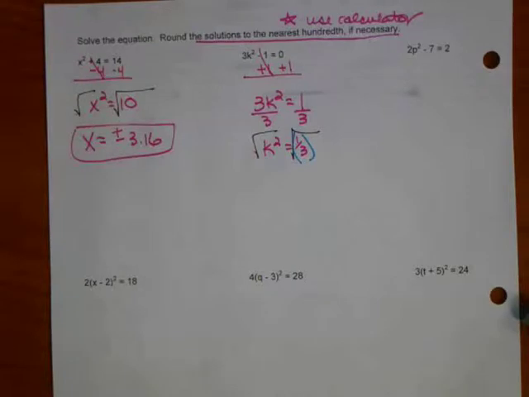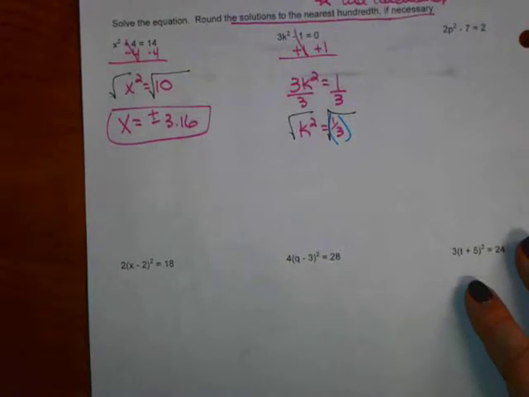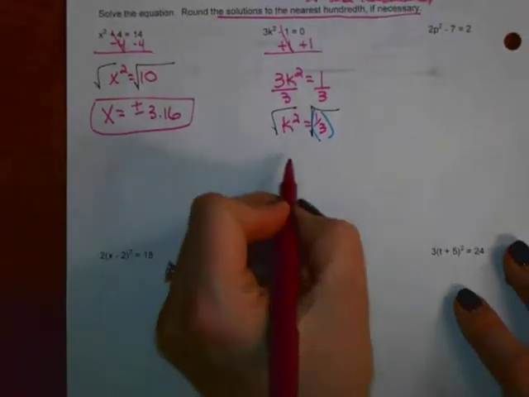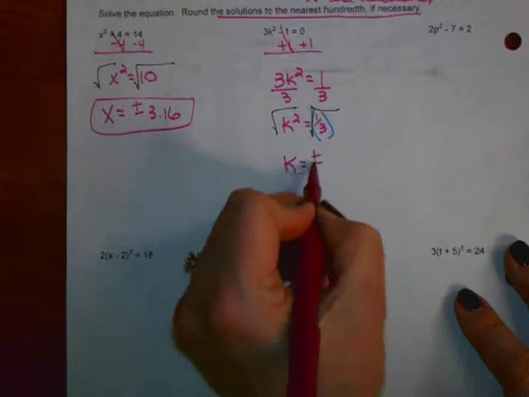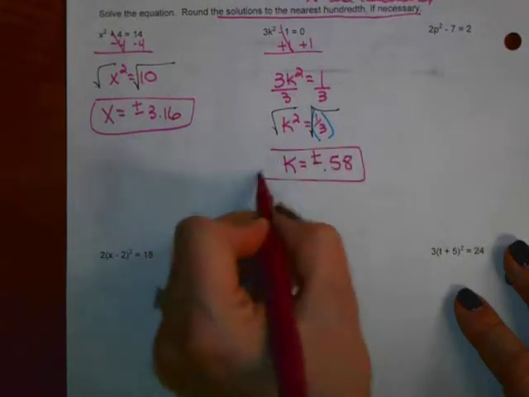Could you enter it as a decimal? No, because it's 0.3 repeating, so you should enter it as 1/3. You can't enter an endless amount of 3's. So you should get this, rounded to the nearest hundredth. Is that what you got?